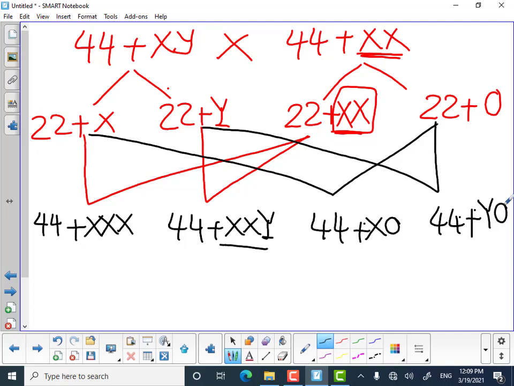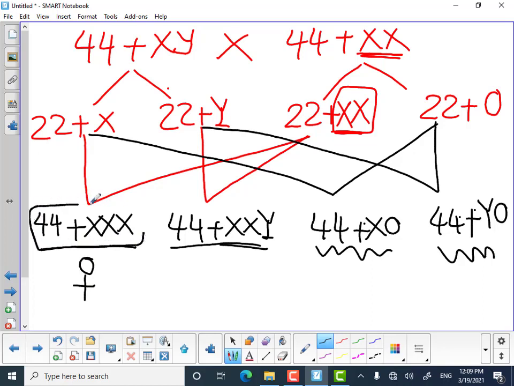Okay. What is the gender of each baby or fetus? This is very good: female, because it doesn't have any Y chromosome. If we have a Y chromosome, this fetus must be male, because the Y chromosome determines the sex.